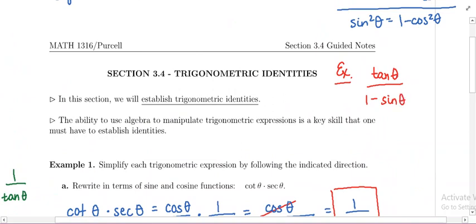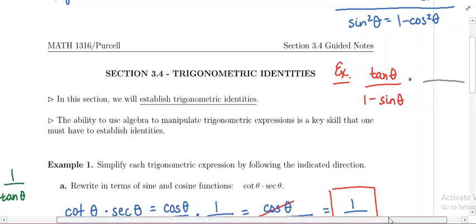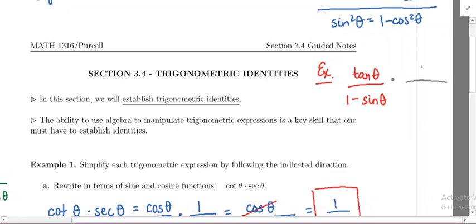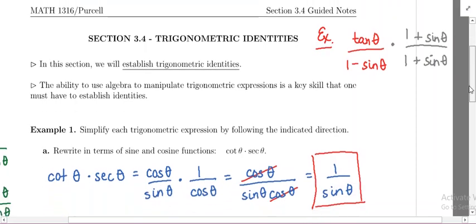If you had that fraction and you wanted to multiply by the conjugate, you would multiply by a fraction, and the fraction has to be a quantity divided by itself. You're going to take the denominator, keep the 1 on the left and the sine on the right, and change the sign in the middle. Instead of a negative sign, it's going to be a positive sign. So this would be multiplying by the conjugate, and you may see that as we go through this process of establishing identities.